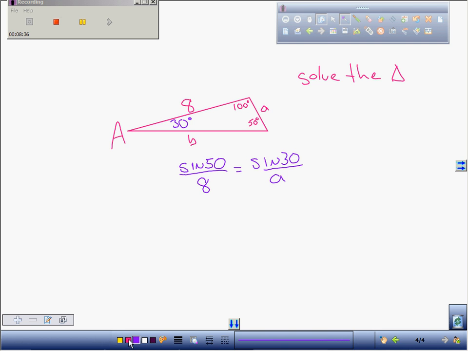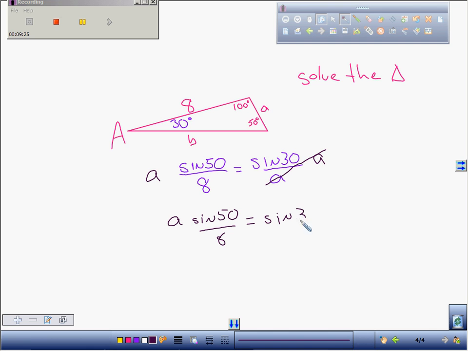Multiply through by A. So I'm going to multiply both sides by A. This cancels out, right? And then I need to multiply both sides by 8. So I get A sine 50 over 8 equals sine of 30.